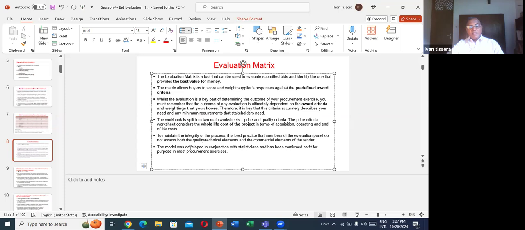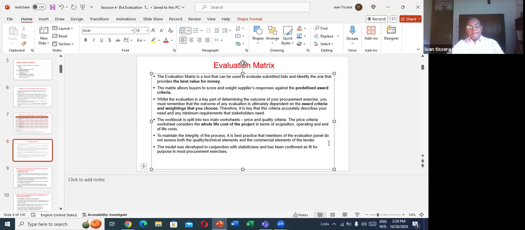To maintain the integrity of the process, it is best practice that members of the evaluation panel do not assess both the quality, technical elements and the commercial element of the tender.